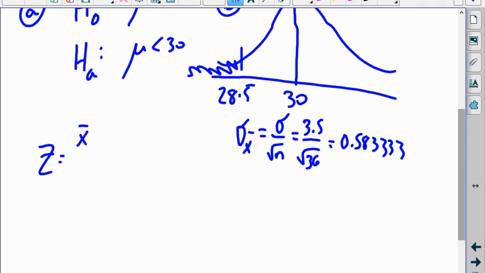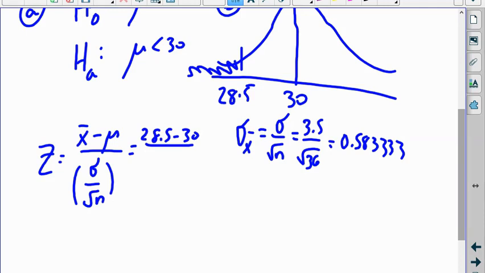Okay, so x bar minus the mean over, see, there's that number that I just figured out, because it makes it a little easier. 28.5 minus 30 over 0.58333. I got negative 2.5714.